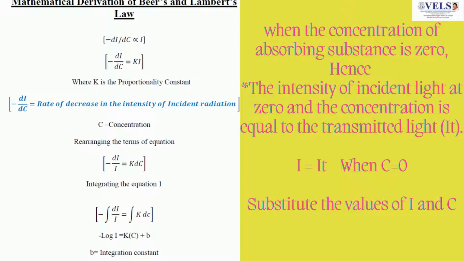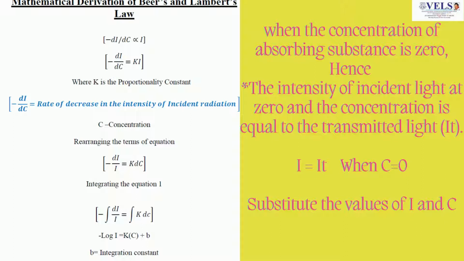Now we move on to the mathematical derivation of Beer's and Lambert's law. As per the statement of Beer's and Lambert's law, dI, the intensity of the incident radiation, divided by dc, the concentration of substance, is directly proportional to the intensity of incident light.